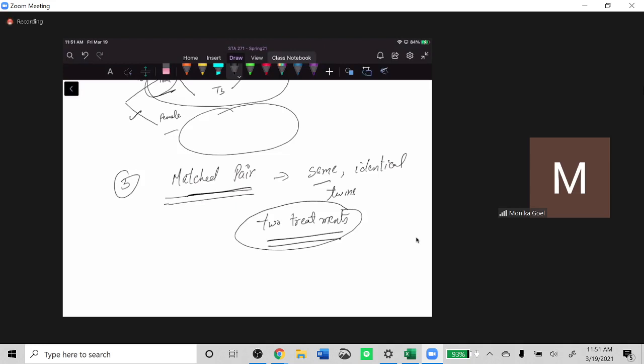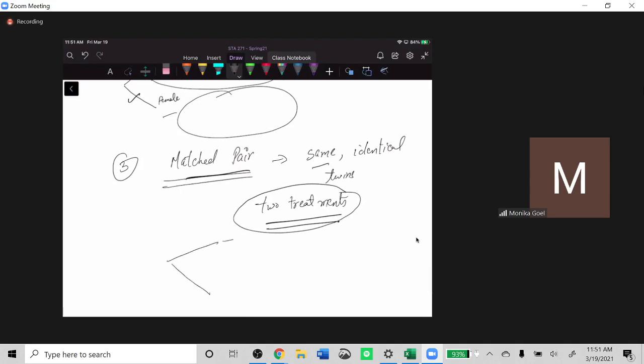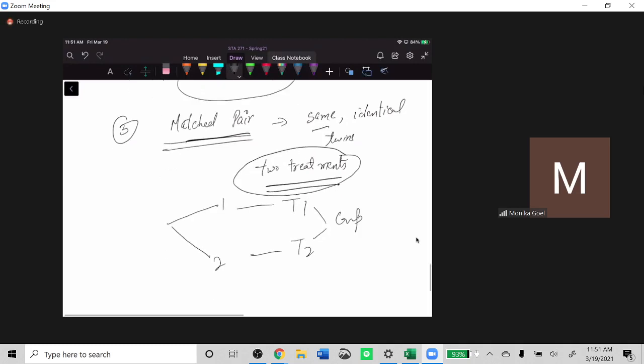If we are saying two treatments, it does not mean it is always matched pair, but a matched pair always works with two treatments. So if you're talking about matched pair, two subjects, there is the first subject and the second subject. The first subject will get one treatment, the second will get another one, and then compare within a pair.